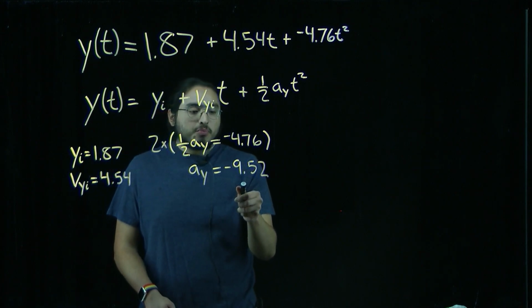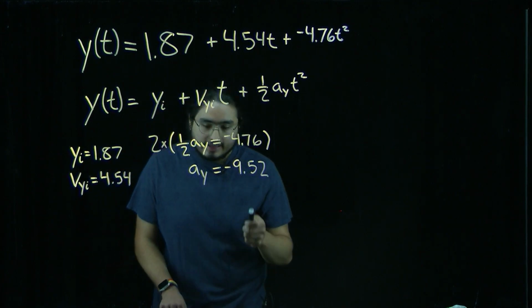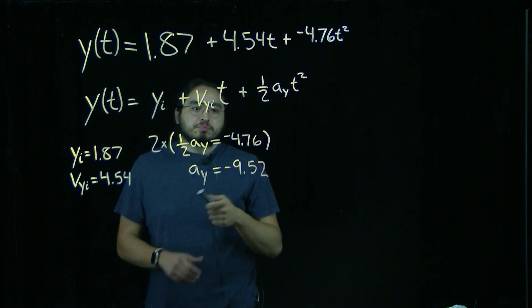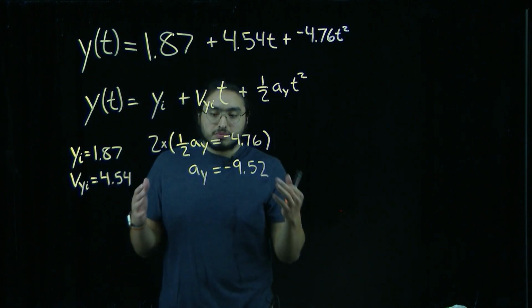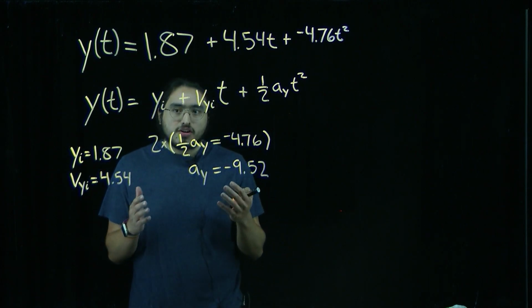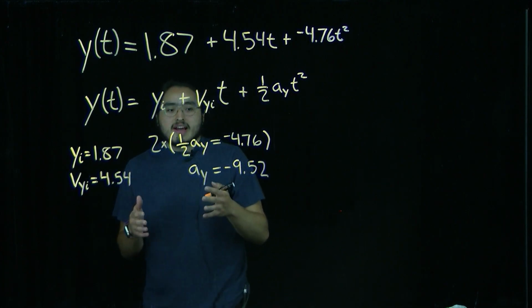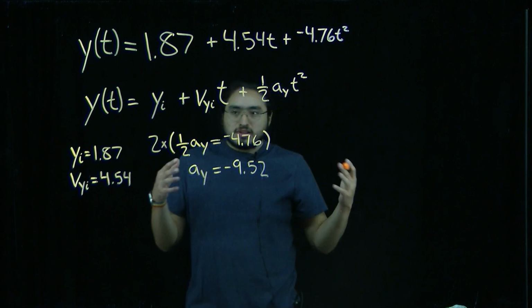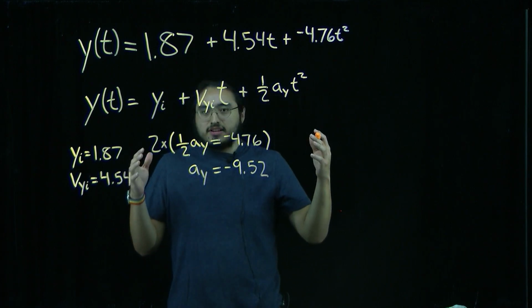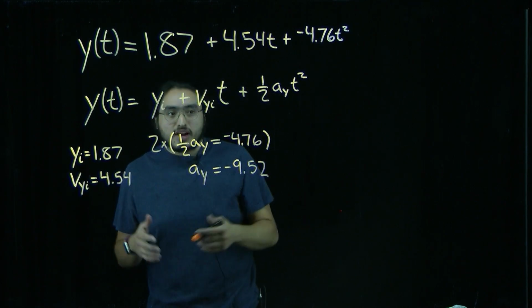All right, so here's our value for the acceleration. We got negative 9.52, and the nice thing about this tracker problem, particularly the acceleration in the y direction, is we actually know what the expected answer should be, and that's thanks to gravity, because any object that falls feels the effect of gravity.